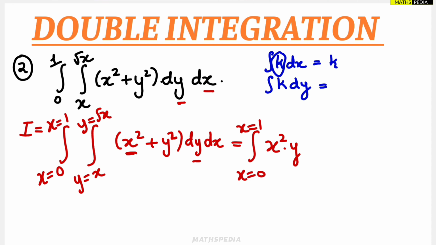So the constant will be multiplied with x, then plus c. What about this? k is treated as a constant here. Here the result will be k into y plus c. Simple. The same logic here. With respect to y we are integrating, so it has been multiplied with y. Simple concept. Then plus y square, we know the integration is y power 3 by 3.